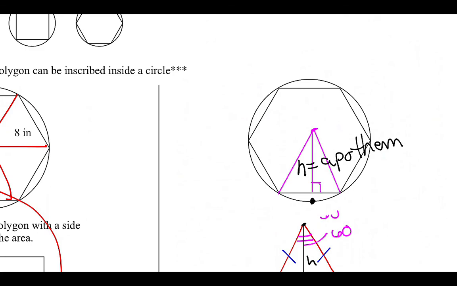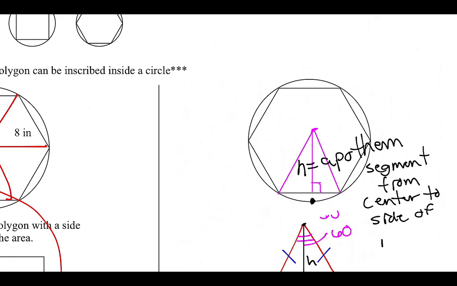And the apothem is simply the segment from the center of the circle to the side of the polygon. Or you can think of it as the height of that triangle.